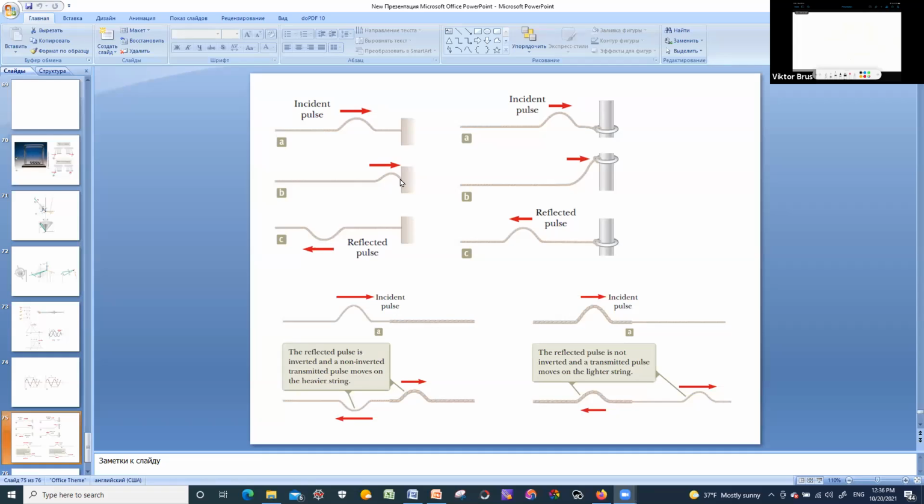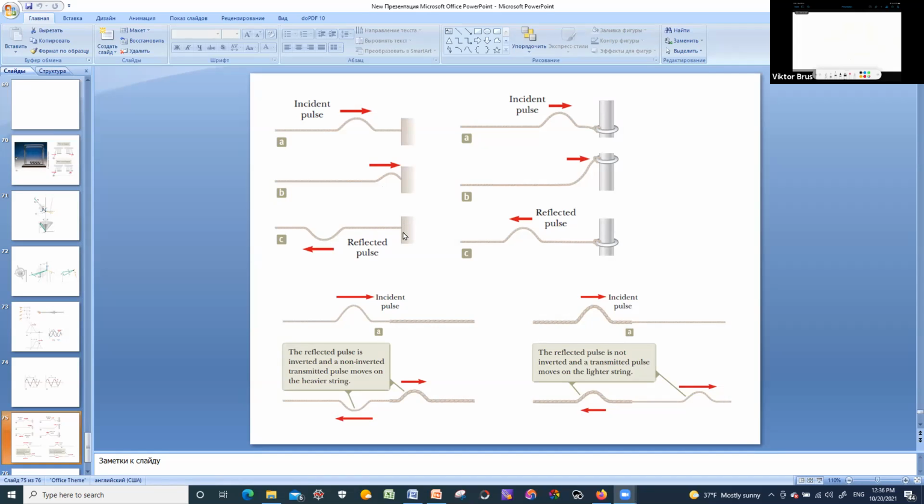At the moment when it reaches the wall, there is some upward force acting on the wall from the side of the rope as this pulse is coming. And according to the third law of motion, we have some counter force which acts downwards from the side of the wall on the string.